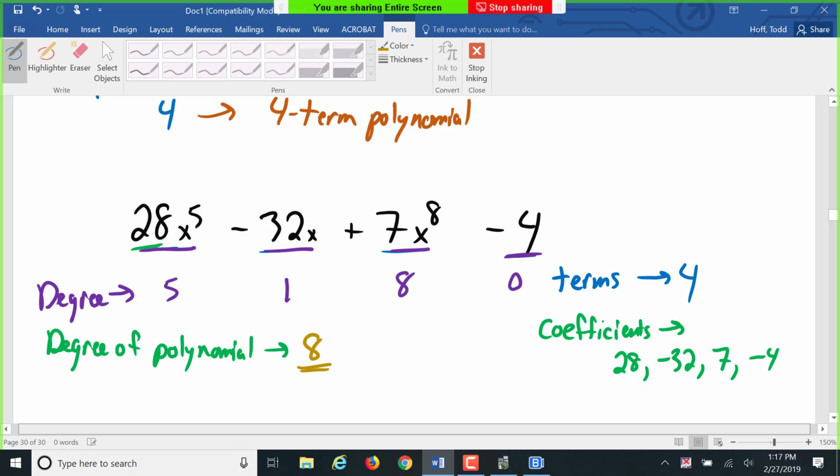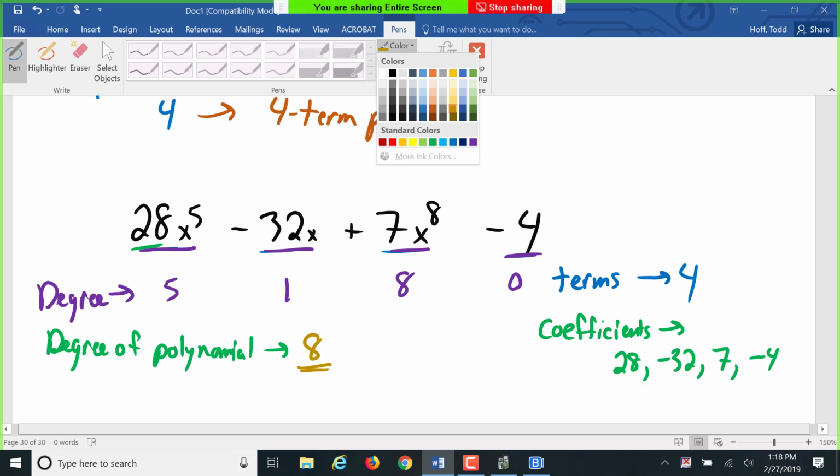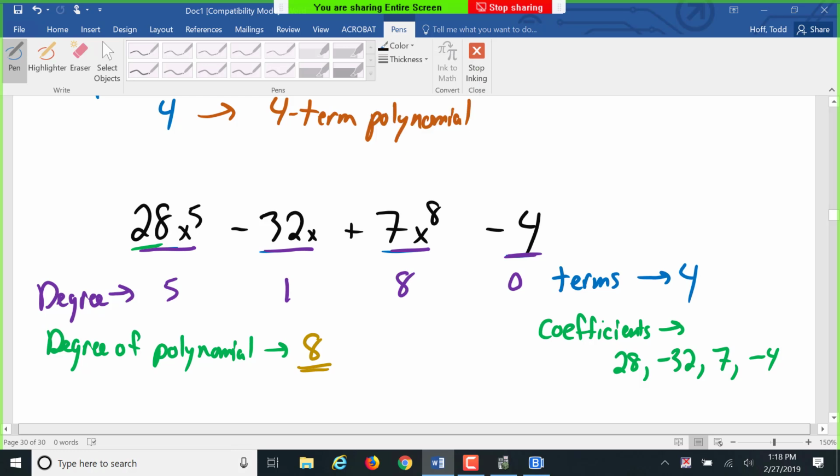The largest of any of the degrees of the terms is 8. So this is a degree of 8 for that polynomial. If you moved on into getting solutions for polynomial equations, the degree of the polynomial actually tells us how many solutions that polynomial equation should have.